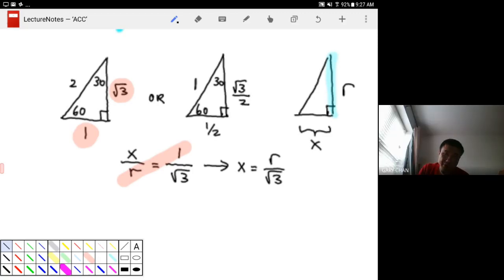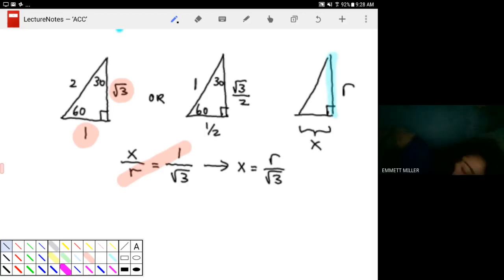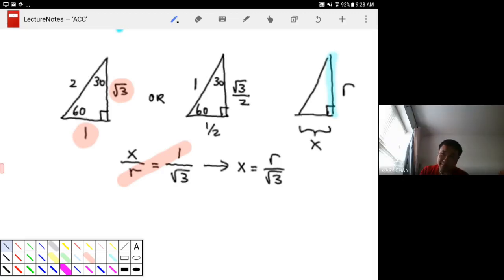Now, just one thing though. There's this rule that Regents courses and SAT courses expect you to apply, but in the real math world, it's not really that big of a deal. It's called rationalization. Do you remember what that is? Radicals can't be in the denominator.